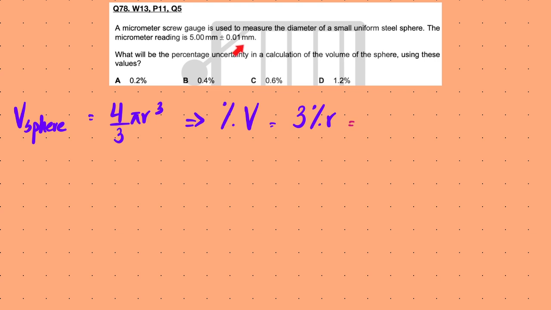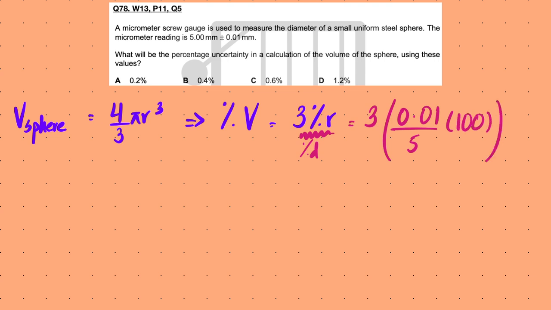So even if we use this diameter value directly, the percentage uncertainty in R and the percentage uncertainty in D would both be the same. So that's thrice of 0.01 over 5 times 100. And if you find this out, this turns out to be 0.6%. So that's the answer to this MCQ.